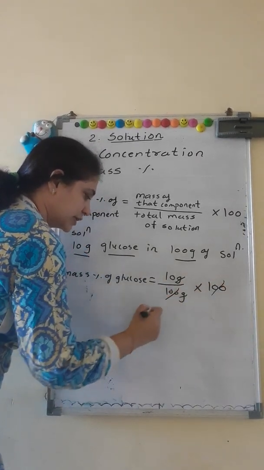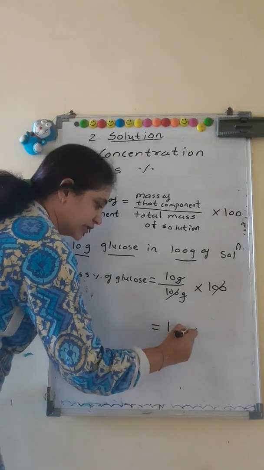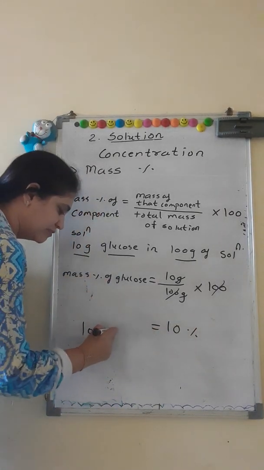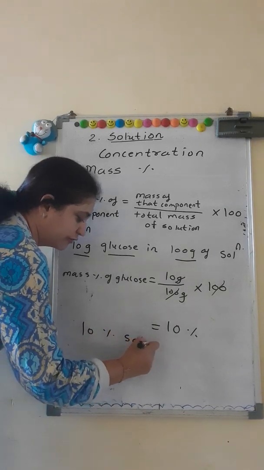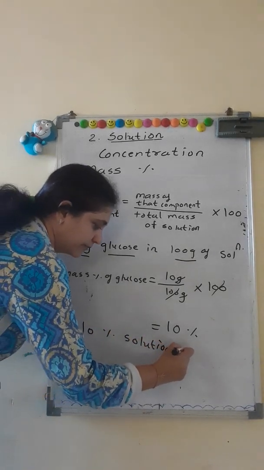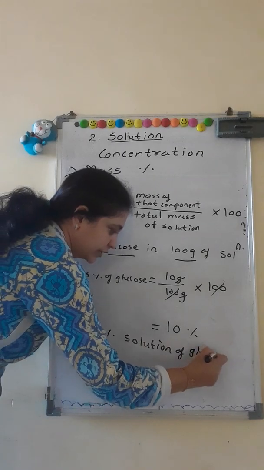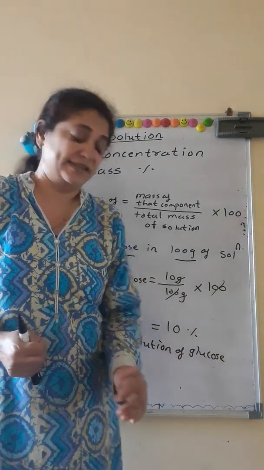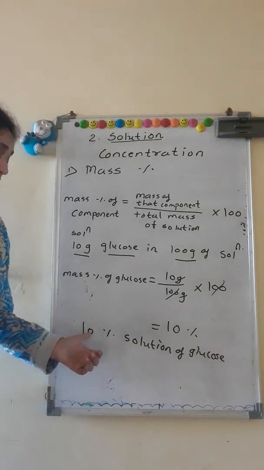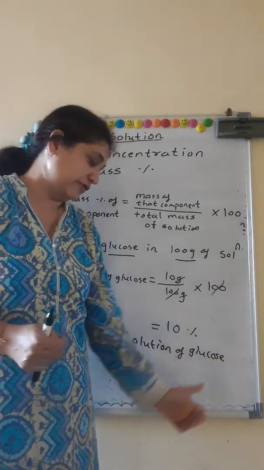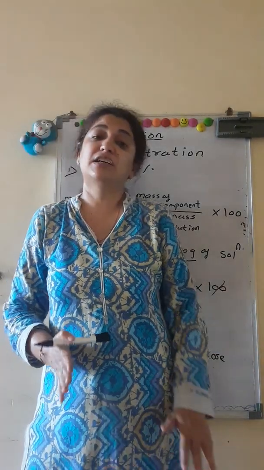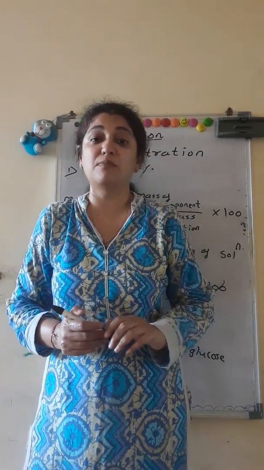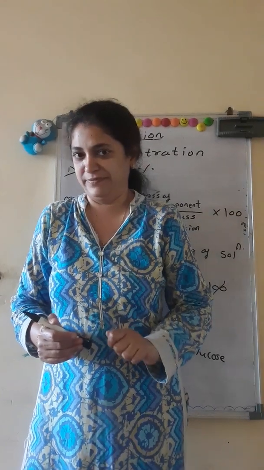So the percentage will be 10%. So that solution will be called a 10% solution of glucose. When you are solving numericals, this term is very important. A 10% solution of glucose means it contains 10 gram glucose dissolved in 100 gram of solution.